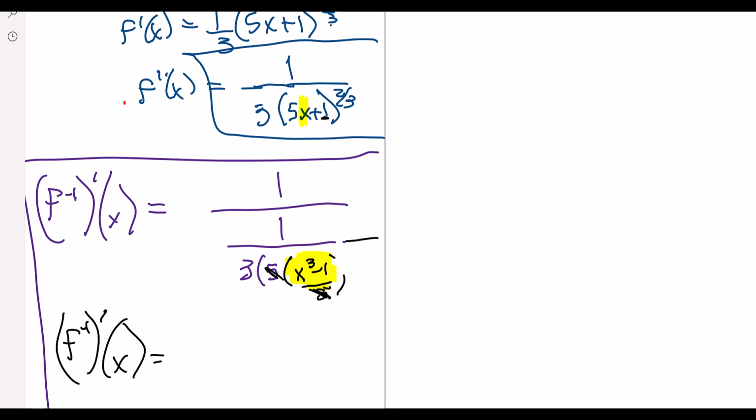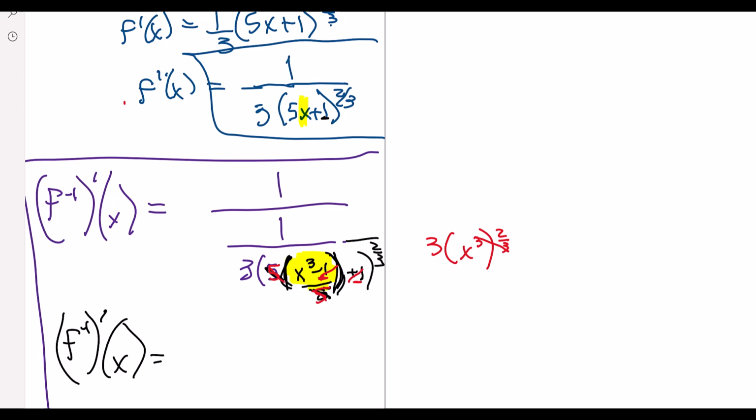Okay, I just caught an error. Notice this 2/3 is on the outside of the 5x plus 1. So here's our 5x. Then we say plus 1. Then we say to the 2/3. There we go. I knew something wasn't working out. So we already canceled the multiplying 5 divide 5. Now we've got to subtract 1 and add 1. Those cancel. And then now look at what we have. We have 3 times x cubed to the 2/3.